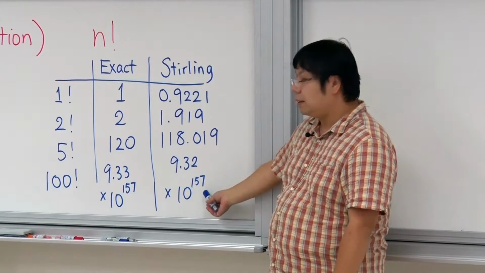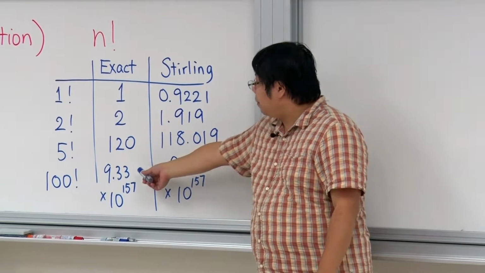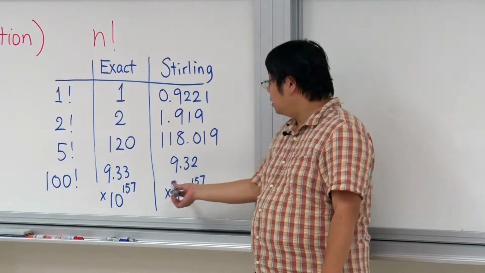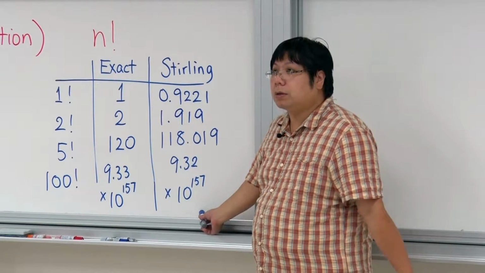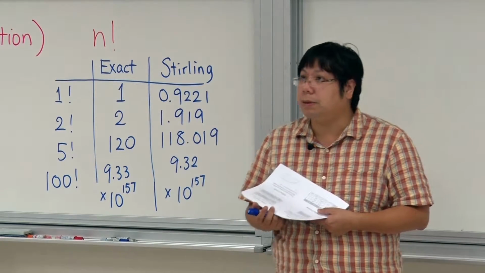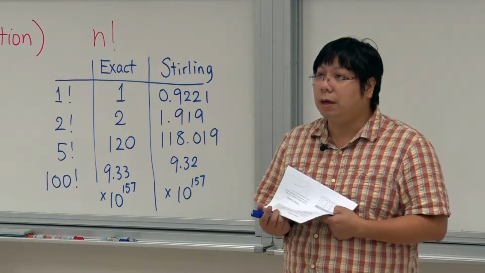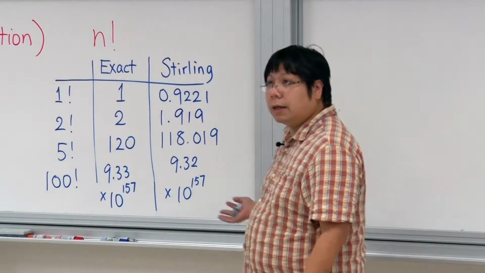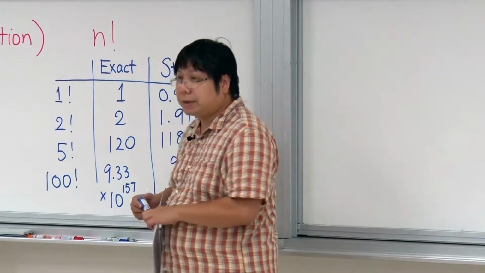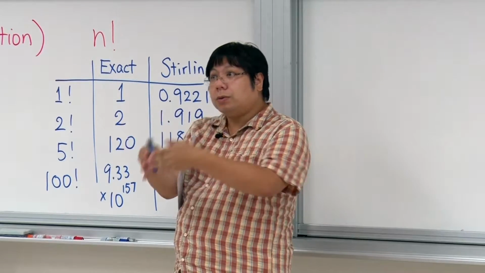This one is 9.33 times 10 to the power 157, and this is 9.32 times that, so the difference will be 0.01 times 10 to the power 157, a super large number. But on the other hand, the difference in ratio is getting closer and closer.